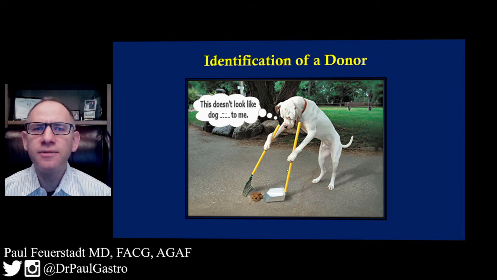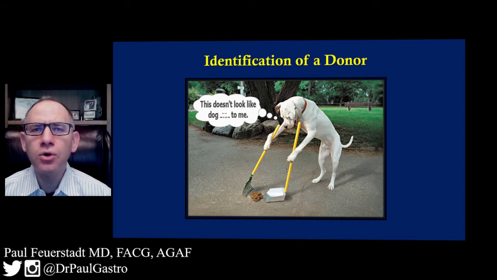The initial assessment of an individual who might potentially donate is taking them through a medical history, asking them about diseases that we believe might be transmitted through a fecal transplant. And these include rheumatologic diseases, functional diseases such as fibromyalgia or irritable bowel syndrome, in addition to cardiovascular disease, obesity, whether an individual has recently been exposed to antibiotics within the previous 3 months.